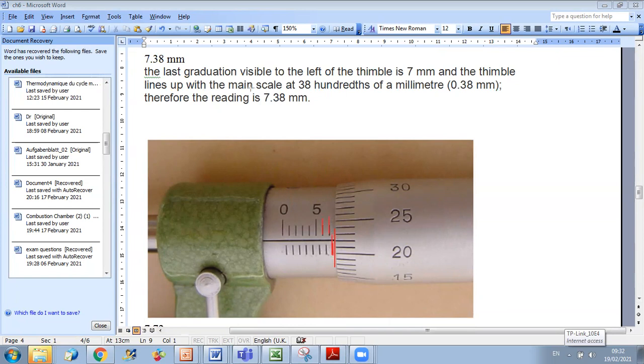So I should add to 7.5 what I read from the vernier scale. From the vernier scale, the perfect match is at this location here. So it is 20, 21, 22, it's 0.22. So I should add plus 0.22 to 7.5, and I will get as a final reading 7.72.